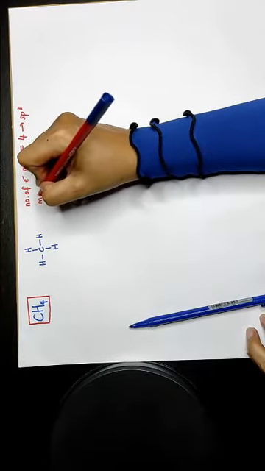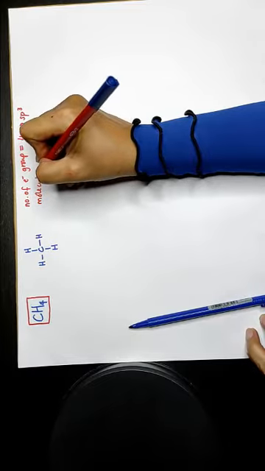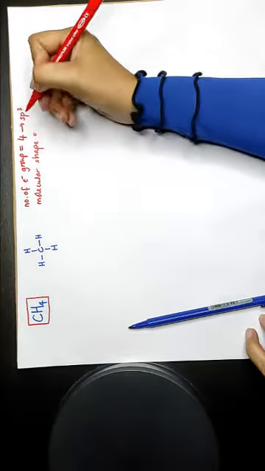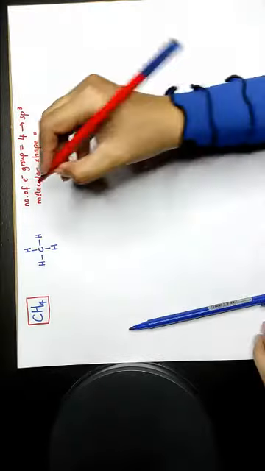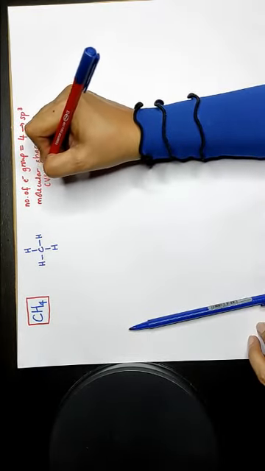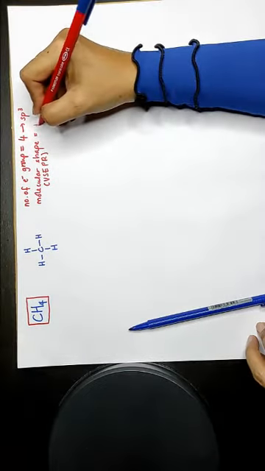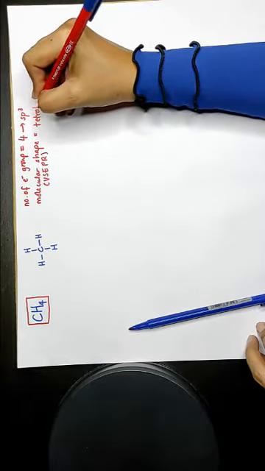And the molecular shape of methane, which has been determined by using VSEPR, is tetrahedral.